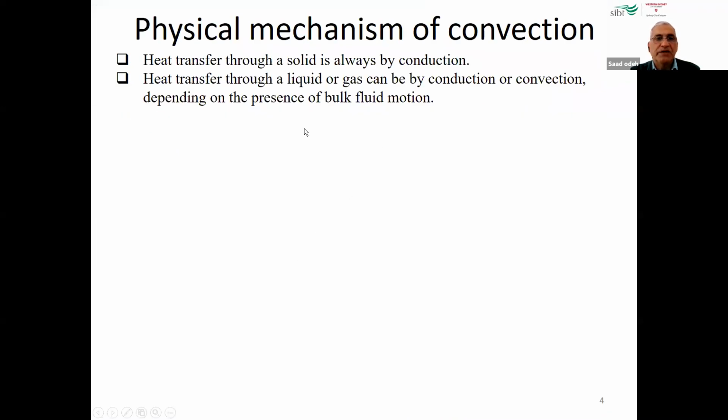So in order to understand the heat transfer by convection, forced convection, we need to understand some physical mechanism. So heat transfer through a solid, we said before, is always by conduction, and heat transfer through liquid or gas can be by conduction or convection, but it depends on the movement.